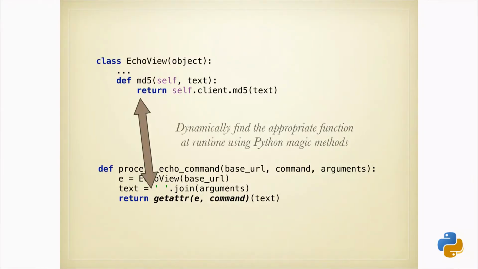Well, we're using the Python getattr function to take in the command as a string and then look up into the ECHOView instance and find the right attribute, in this case the function, to call. This becomes a little bit trickier to test using MagicMock because we can't directly mock out the __getattr__ method, which is a magic method in Python to do dynamic lookups.